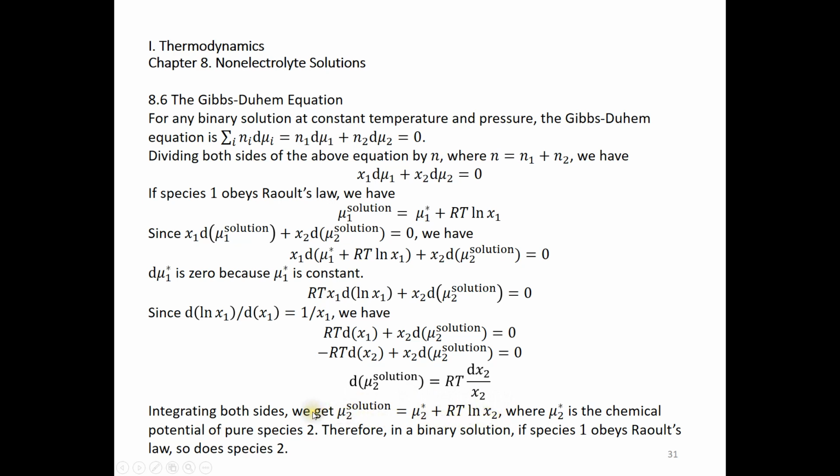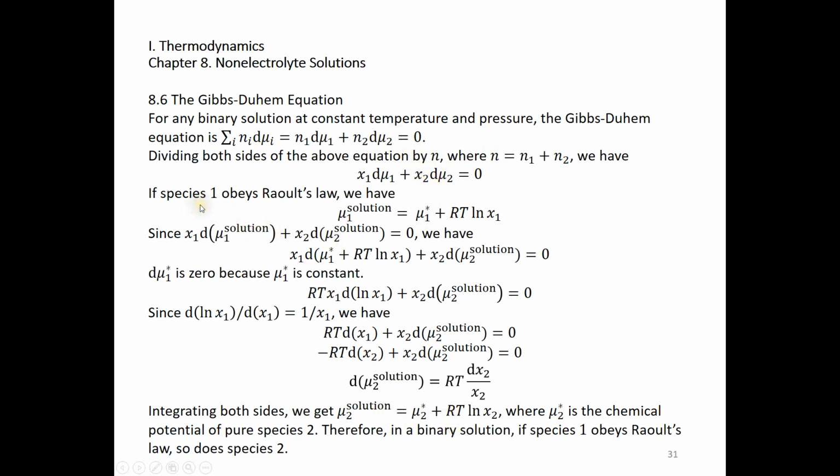So here we have one application of this Gibbs-Duhem equation. This is the Gibbs-Duhem equation under constant temperature and pressure condition. This is also the Gibbs-Duhem equation because this equation and this equation just differ by a factor of n. So given the Gibbs-Duhem equation, we can actually prove this.